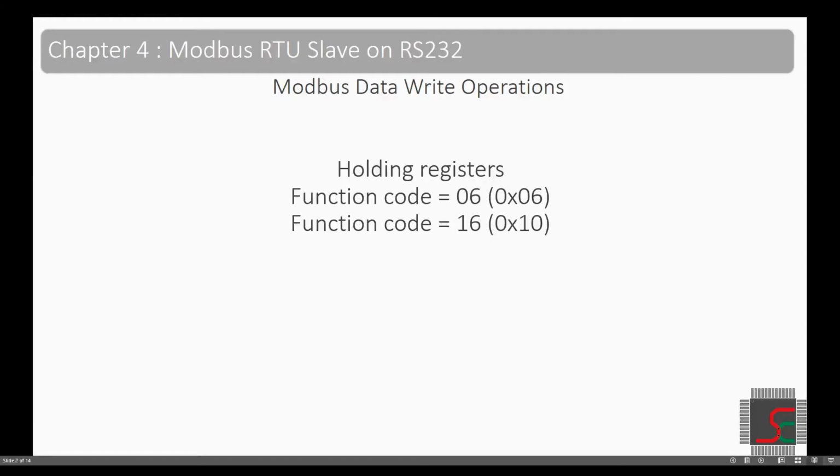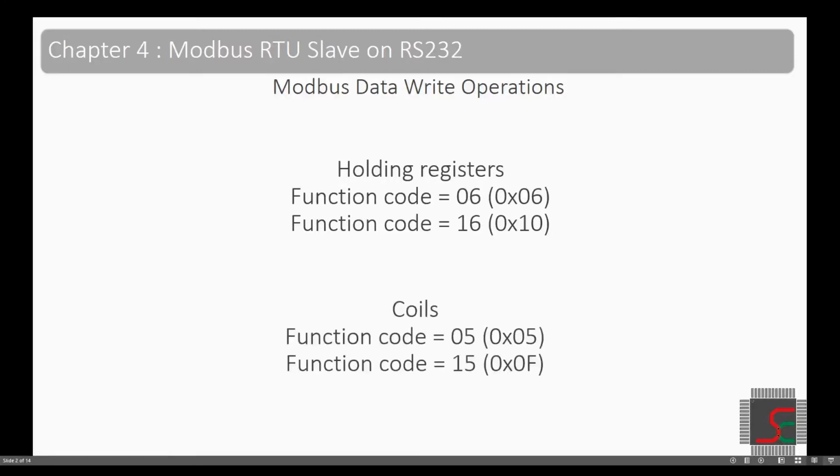The Modbus master chooses the function code of its choice. So as a microcontroller implementation, as a Modbus slave, we have implemented both the function codes. So we have the feature. Similarly, coil write operations are performed using function code number 5 as well as function code number 15.